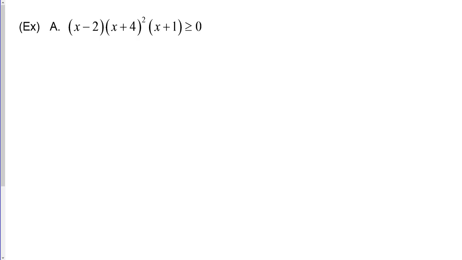So, since it's in factored form, we can already identify the zeros. And those zeros are -4, -1, and +2. Let me change this one around. All right.